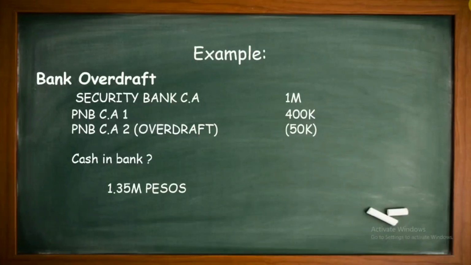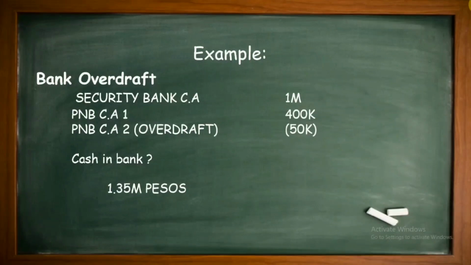Ngayon, ang exception, ang bank overdraft ay pwedeng i-offset kung ang entity ay nag-maintain ng dalawang bank account sa isang bangko. Ngayon, ang bank overdraft ay PNB, meron pa ditong PNB na 400,000 pesos na enough naman para i-cover yung bank overdraft.